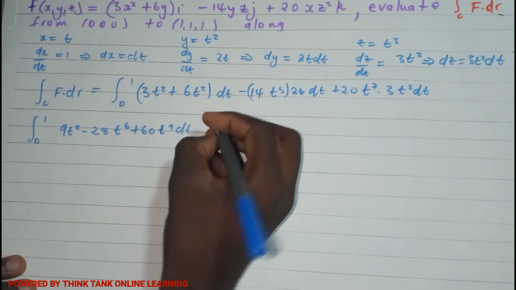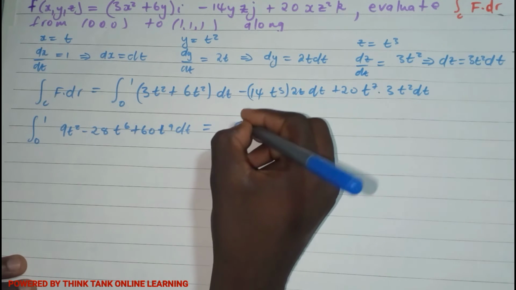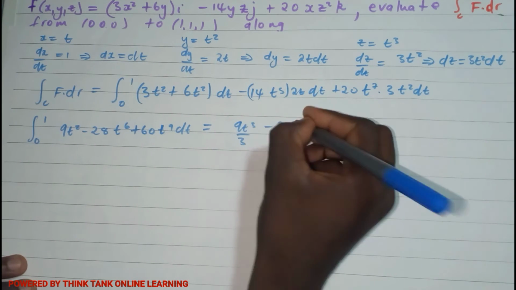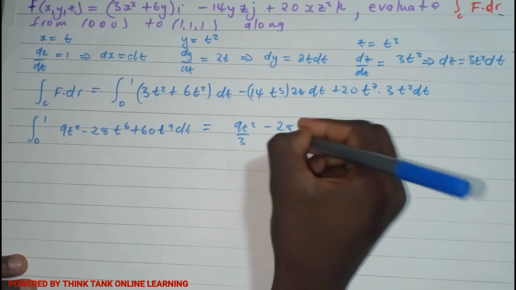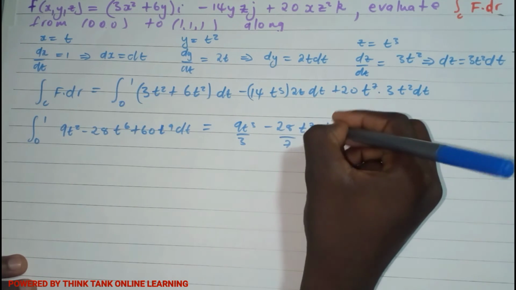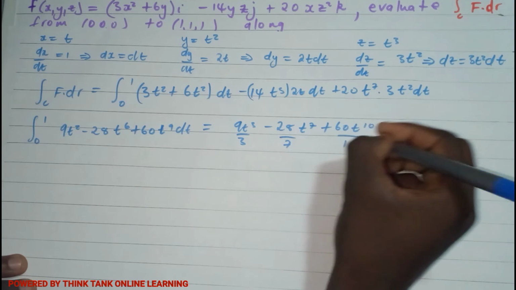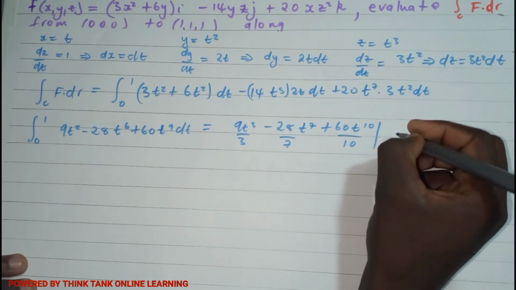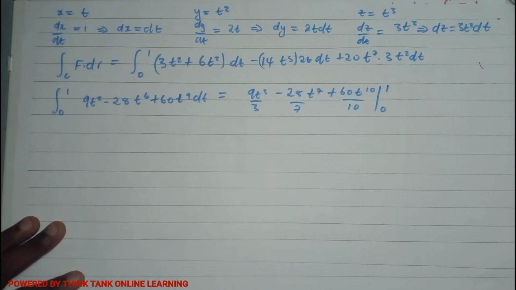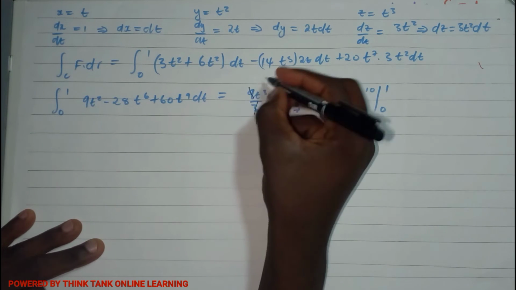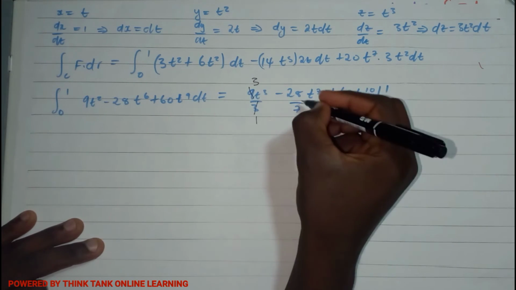And we have dt. Now it's time for us to integrate: 9t cubed over 3, negative 28 t to the power 7 over 7, and 60 t to the power 10 over 10, with our interval from 0 to 1. So if we integrate here, 3 into 9, we're going to get 3.